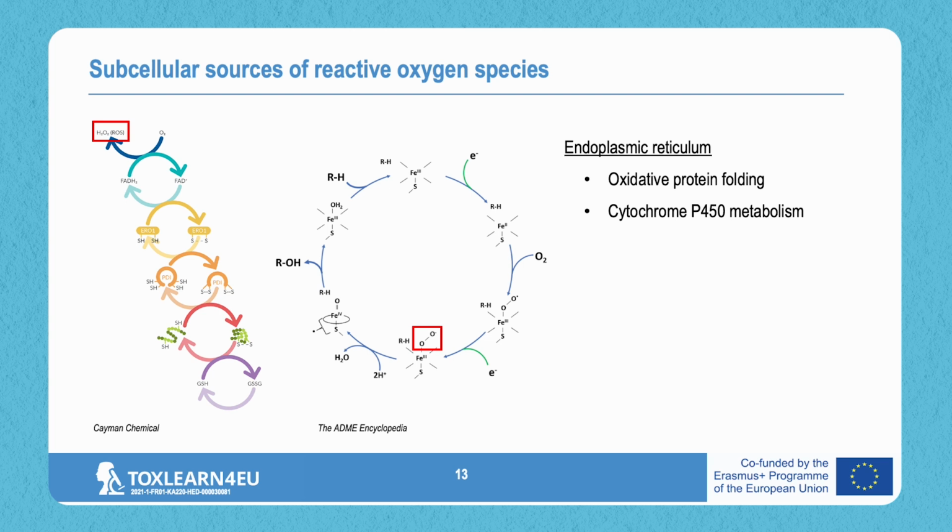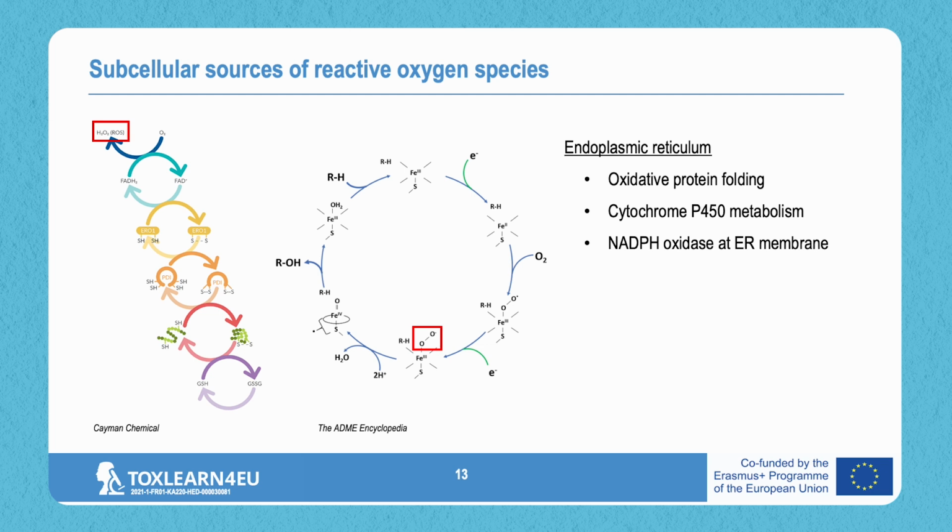ADME means absorption, distribution, metabolism, and elimination. And metabolism is where the cytochrome P450 is very important. And as is highlighted here, superoxide can be a byproduct of this metabolism.